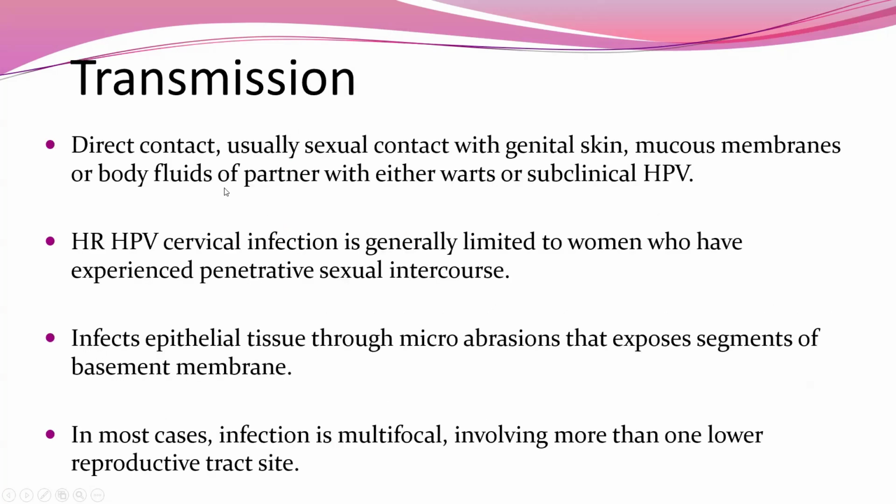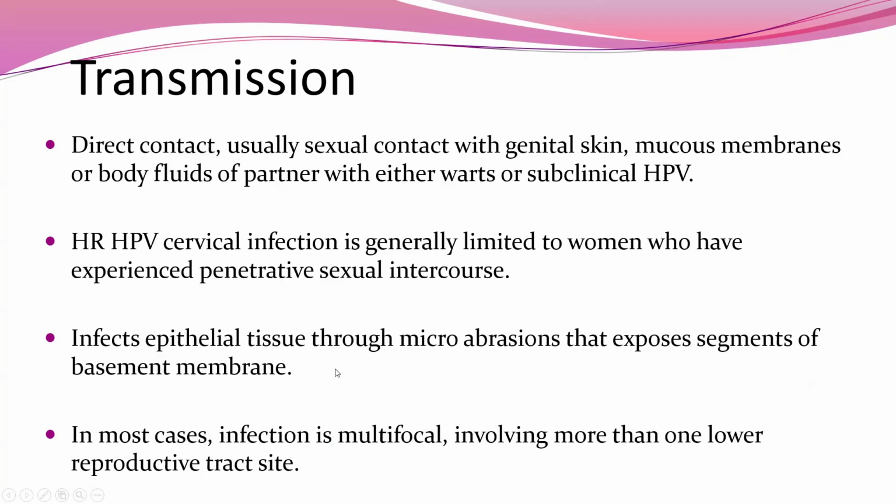About the transmission: it follows direct contact, usually sexual contact with genital skin, mucous membranes, or body fluids, often from either warts or subclinical HPV infections. HPV cervical infection is generally limited to women who have experienced penetrative sexual intercourse.